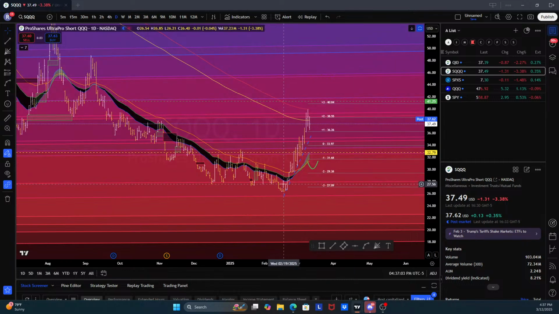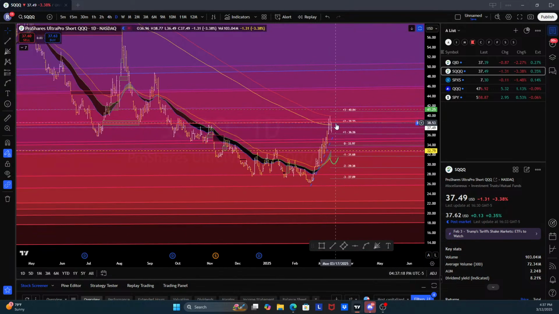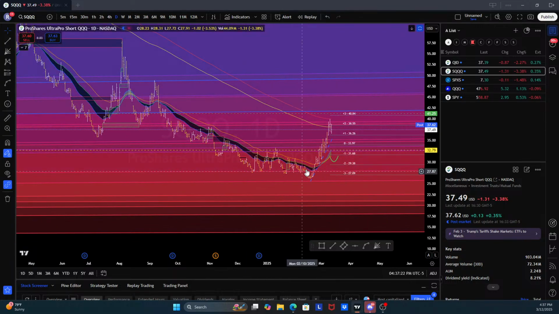Either we needed this to just drain itself to the downside and pull away, or what we're seeing right now, actually make a move to the upside and get away, create some separation so we can have an actual bull run and not just get chopped up back and forth.